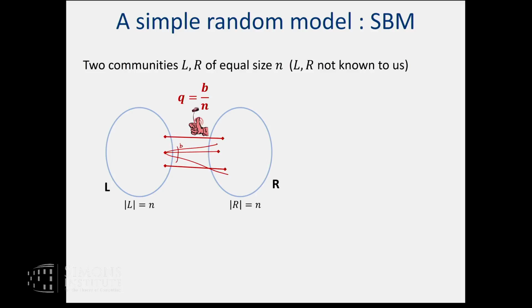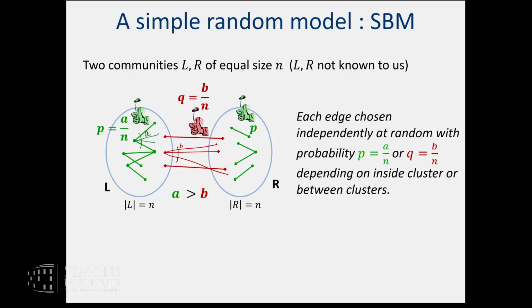With some probability q, which I will denote as b over n, we'll see why it's b over n in a bit, there is an edge between any two vertices on different sides of the cut. So for any two given vertices, one from L and one from R, there's an edge between them with probability q, and you do this independently at random for each pair of vertices from L and R.